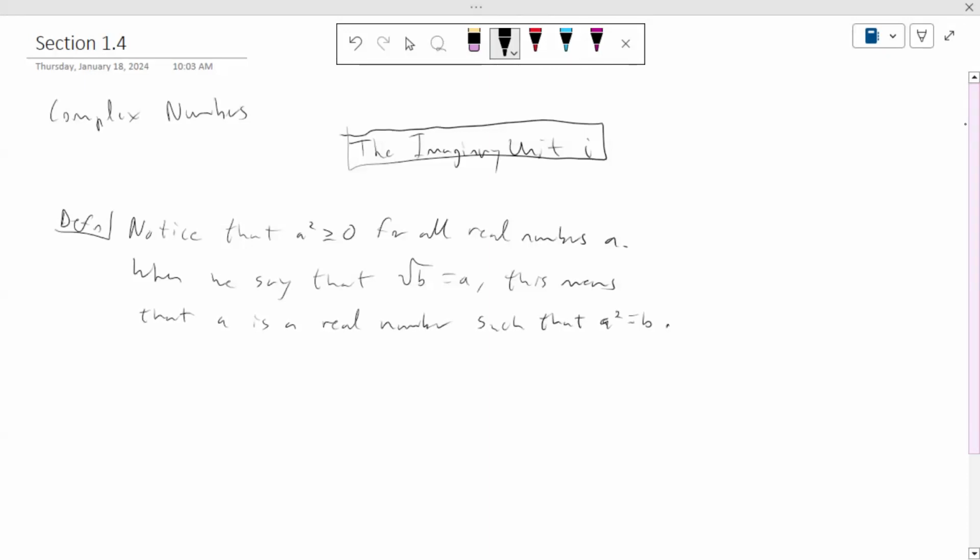It's a number that when we multiply it by itself, we get b. So that's what it means when we're taking the square root of something. Any questions on that, or is that fairly obvious? Like the square root of 9 is equal to 3 because 3 squared is equal to 9. So they're identical statements, basically.